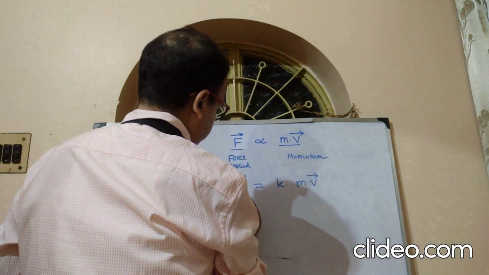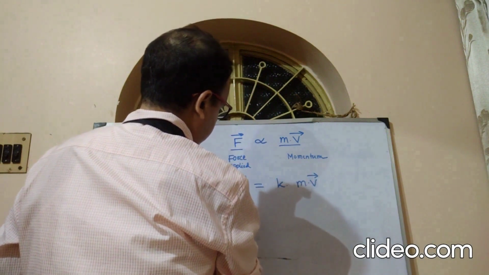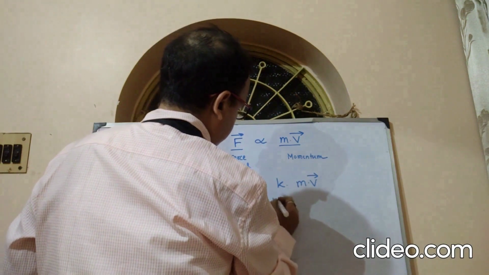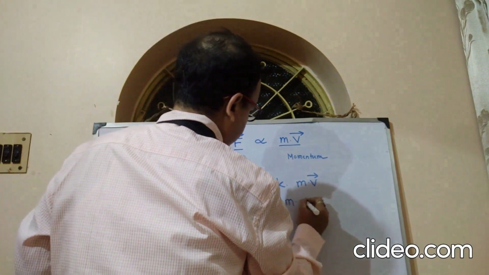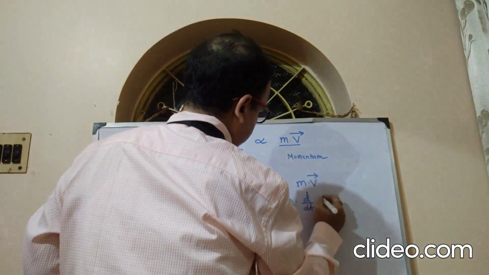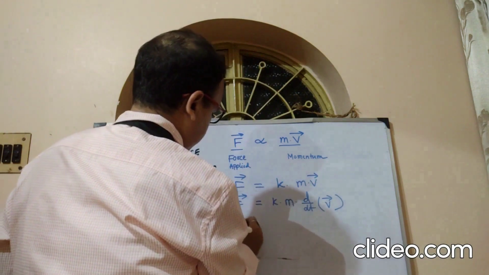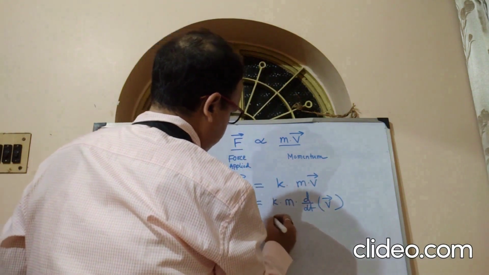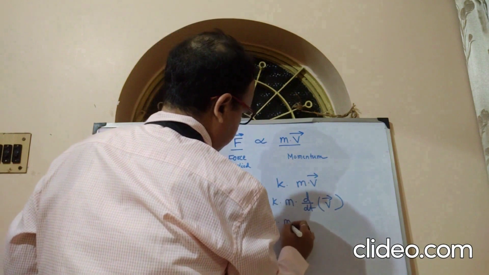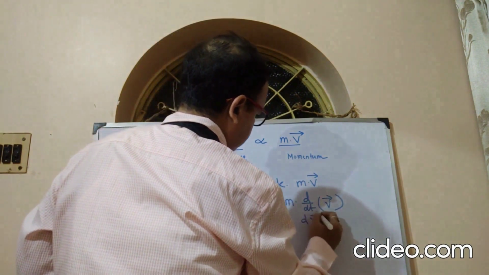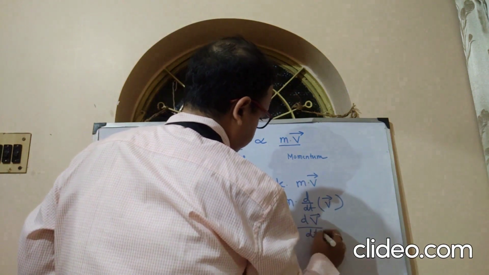Now F vector is equal to k into m into d/dt of v vector, that is, F vector is equal to k into m into dv vector by dt.